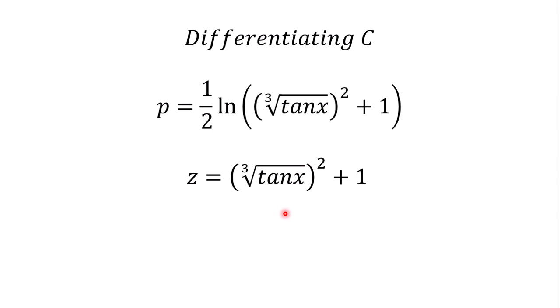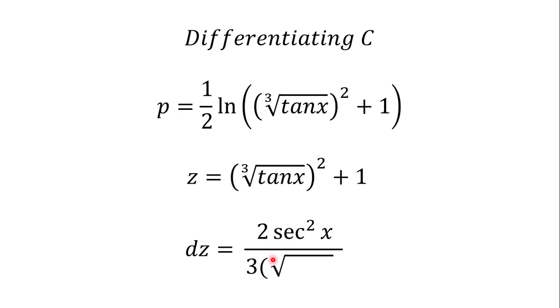So times cube root of tangent x to the power minus 1. Then we write it as 2 times secant x squared all over 3 cube root of tangent x. When we differentiate 1, we get 0. So z will be equal to 2 secant x squared over 3 cube root of tangent x dx.